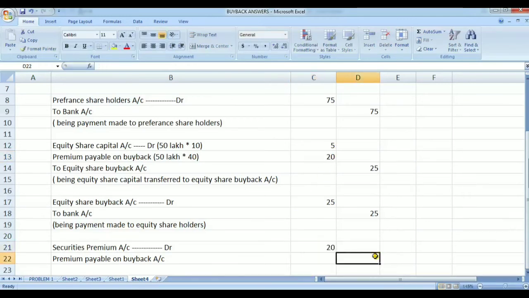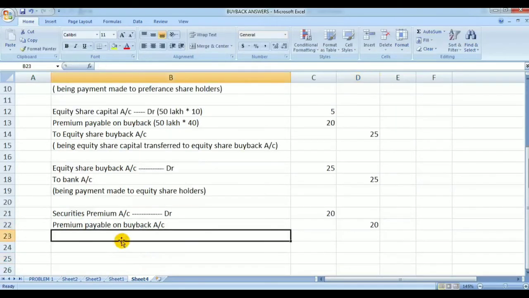So straight away I'll write 20 crores. We will deduct 20 crores from the securities premium account to pay the premium payable on buyback.